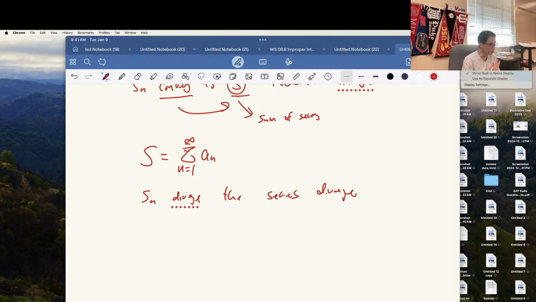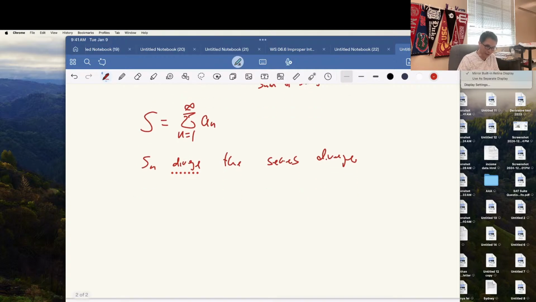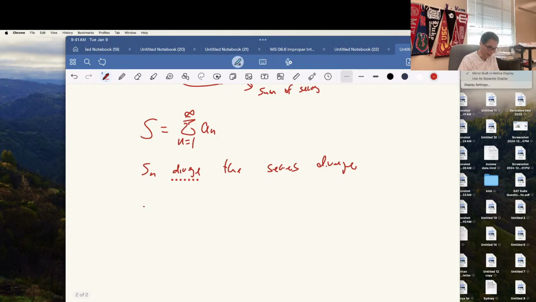So there are two types of series that we want to look at today. One type is a geometric series, and the other is a telescoping series. Let's say you have the series from n equals 1 to infinity of 1 over 2 to the n.